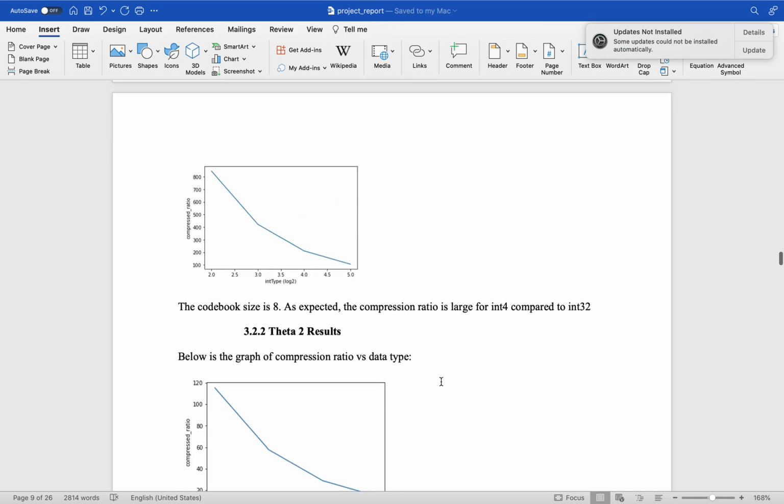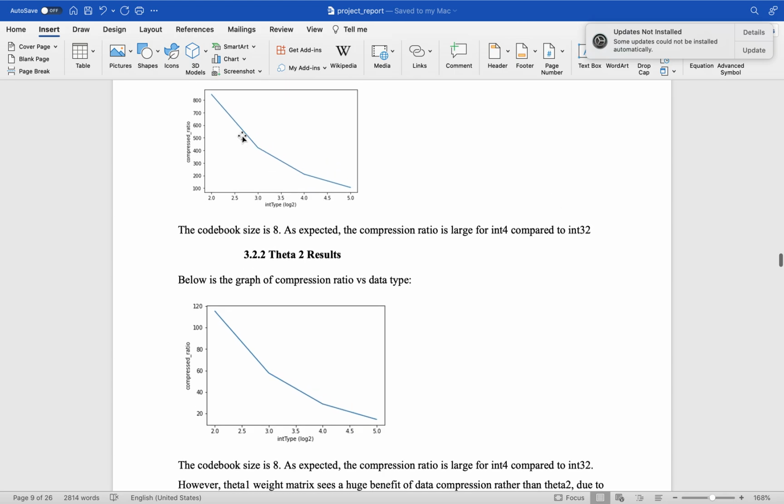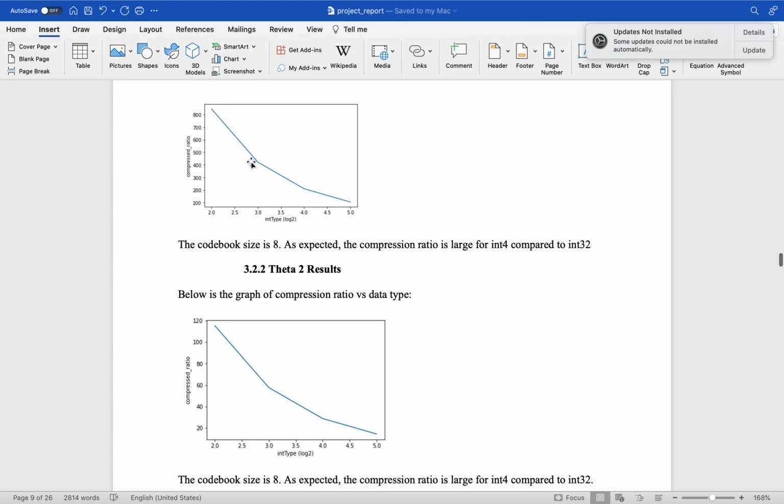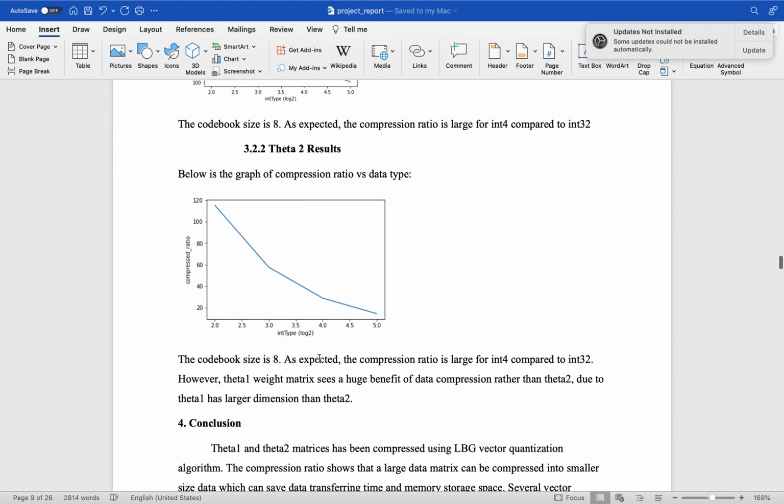But for theta 2, the compression is smaller, by a factor of 10 compared to theta 1, because of the size of theta 2. So the more bits we have in our data type, like type 32 or type 16, the lower the compression ratio.